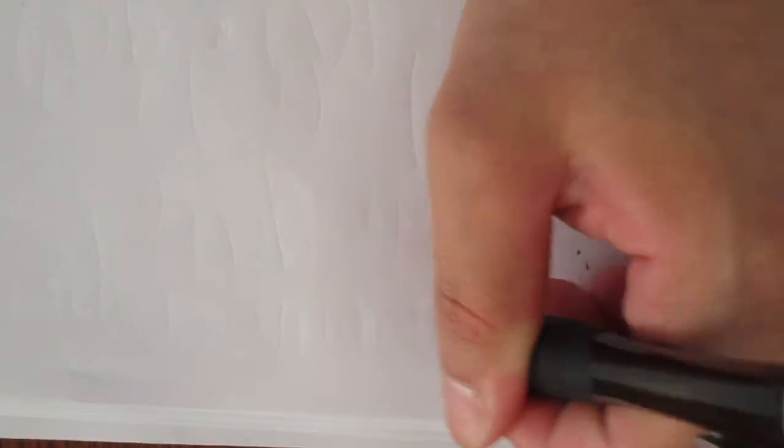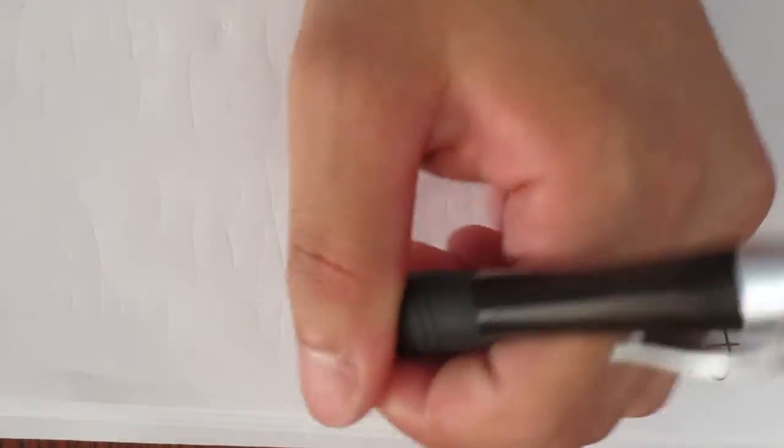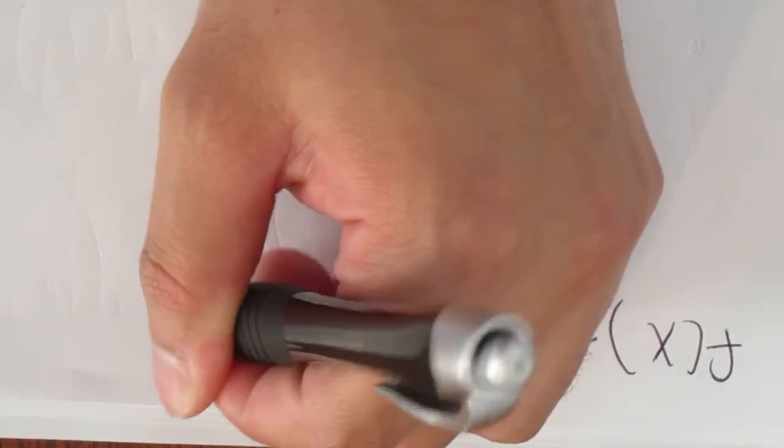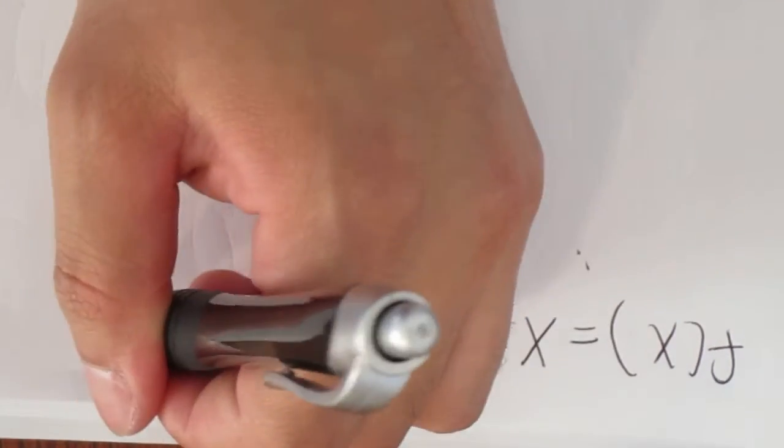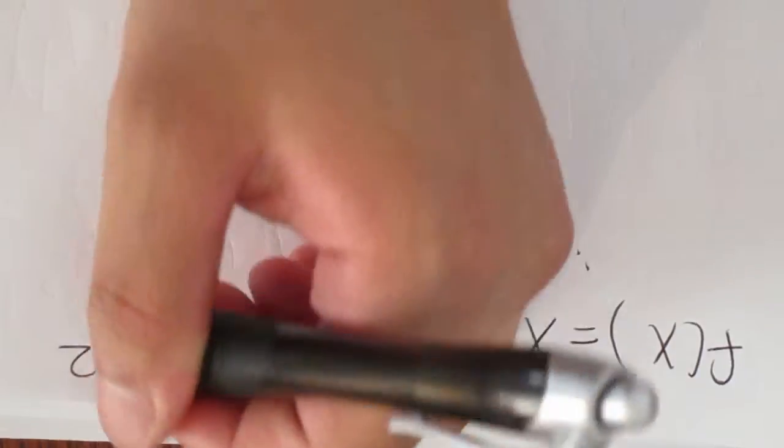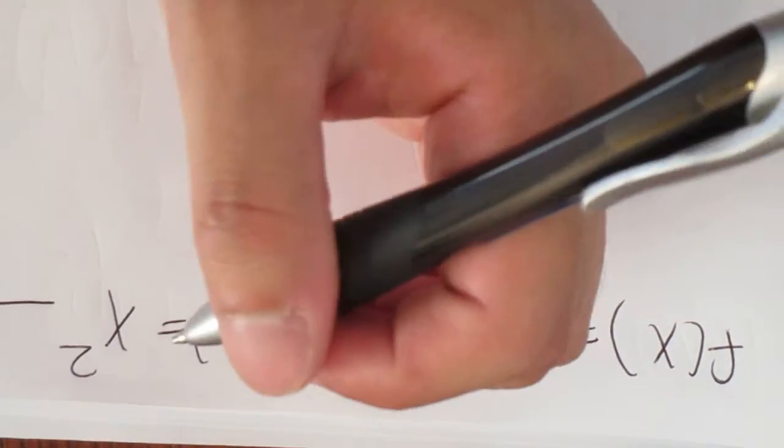Let's say you are given the function f of x equals x minus 3 and g of x equals x squared minus x.